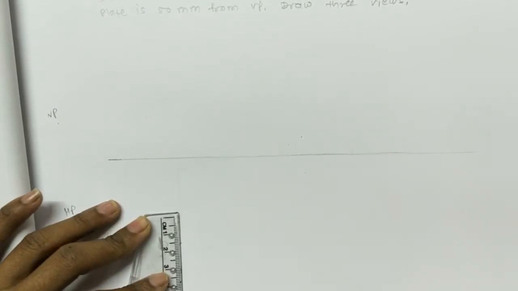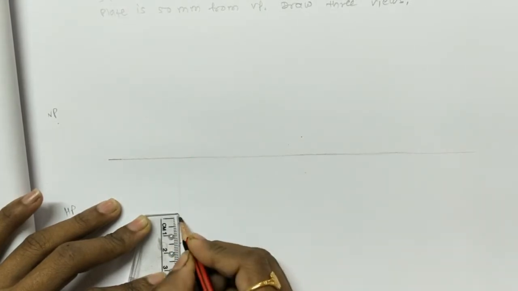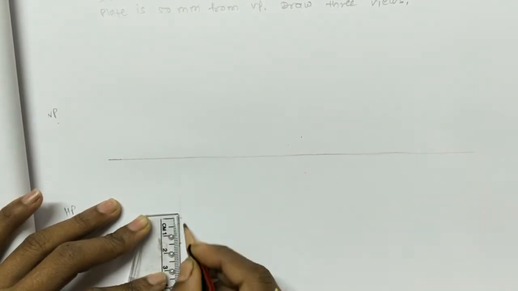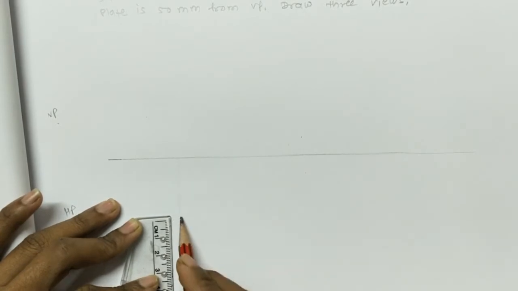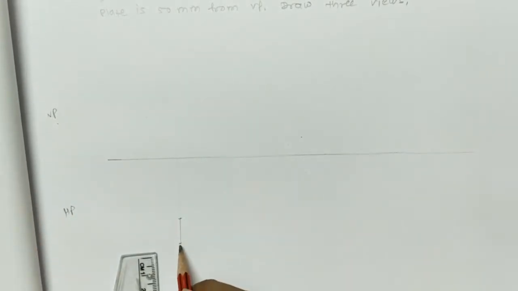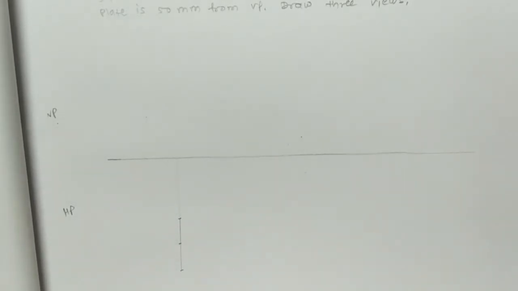Now the side is 30, so take 15 above and 15 below. So this is the center, and these two are the points having side 30.